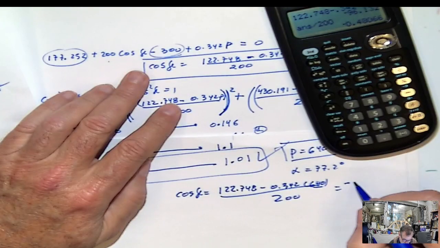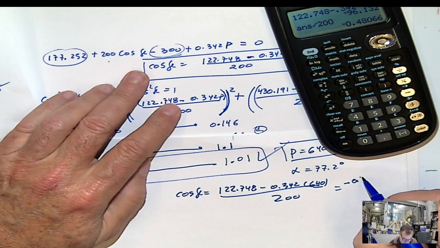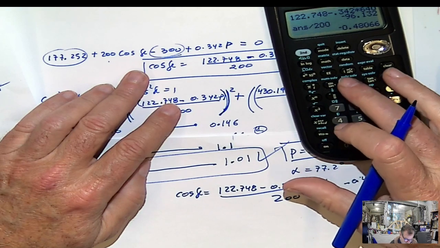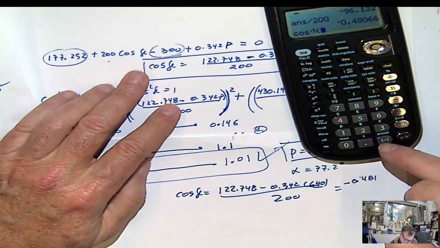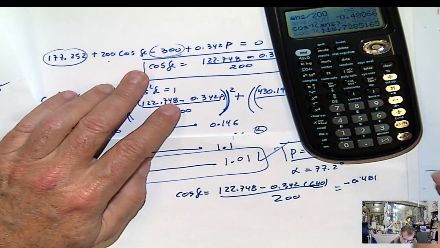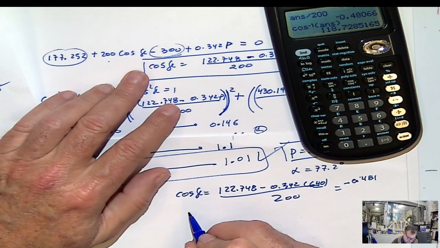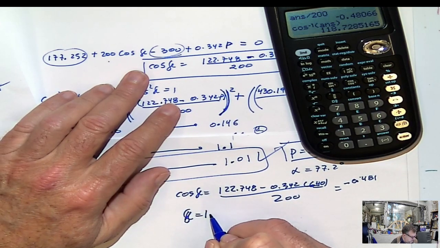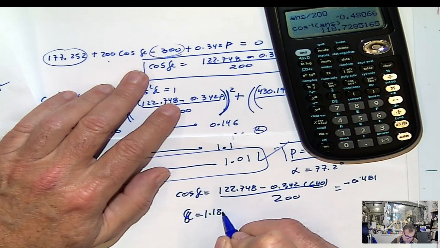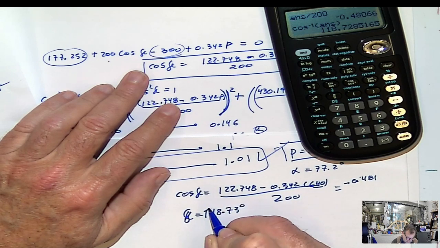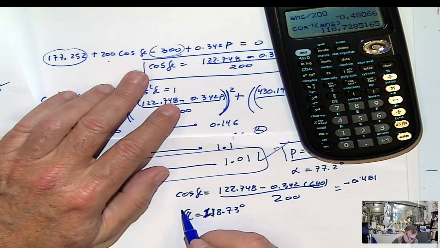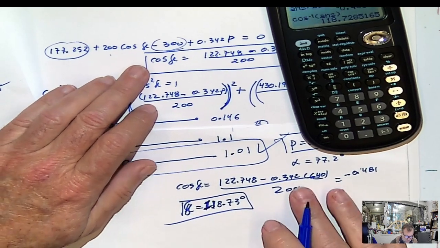I hope this is correct, otherwise I'm going to check it anyway, so don't worry. 0.481, and the inverse cosine of that will be 118.73 degrees.